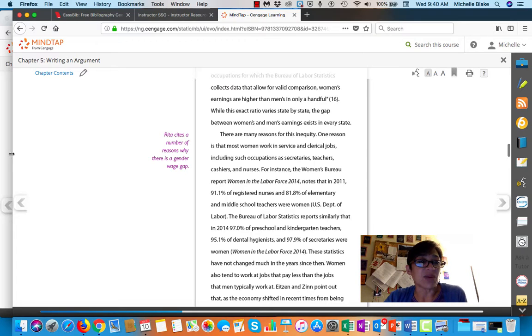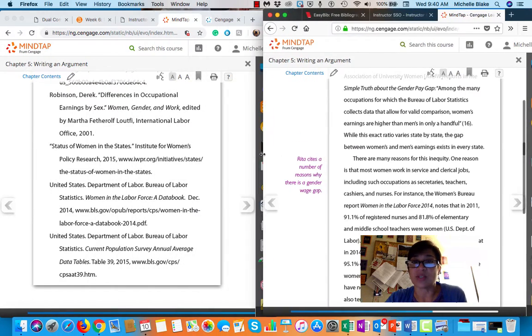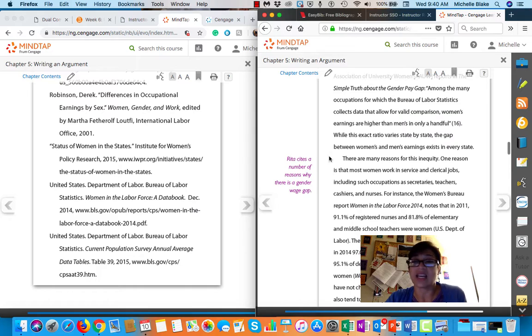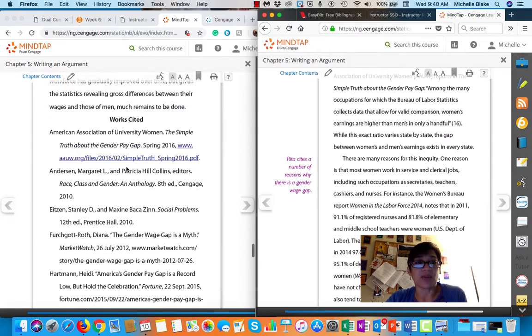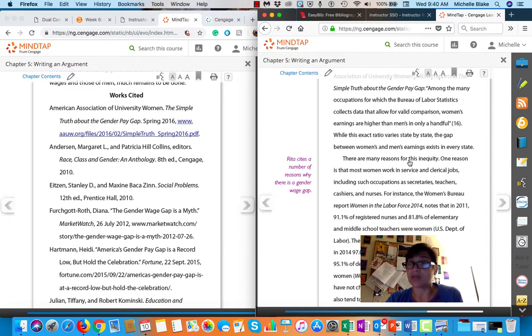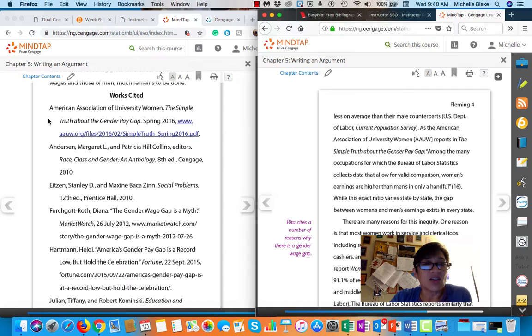The second thing I wanted to point out is there seems to be a little bit of confusion about the relationship between the works cited list and the paper. So here's the works cited for this particular student paper. Notice that all of these works cited, whether they're in APA or MLA format, are formatted in a hanging indent style, where the first line is left justified and then successive lines are indented.